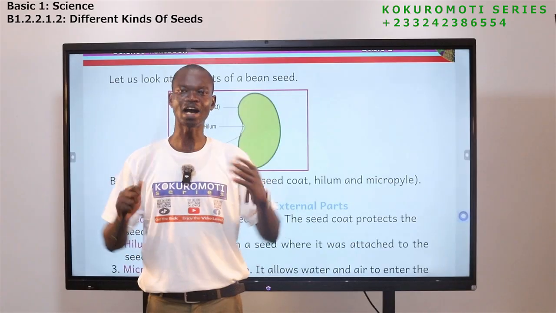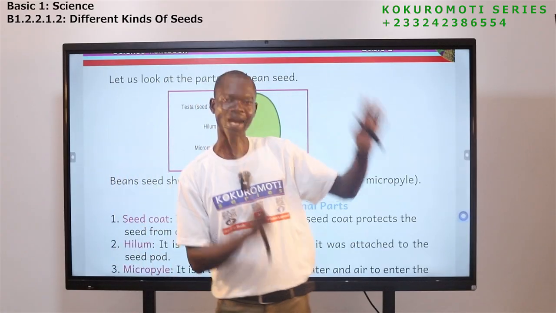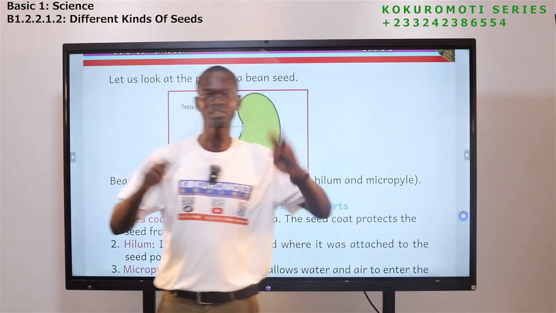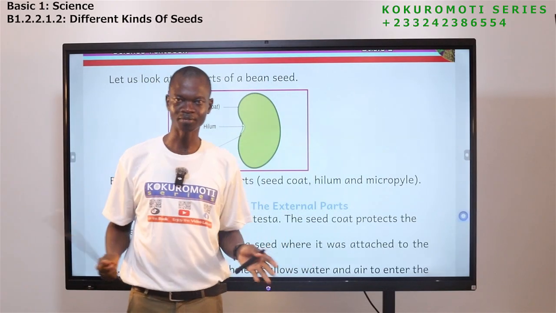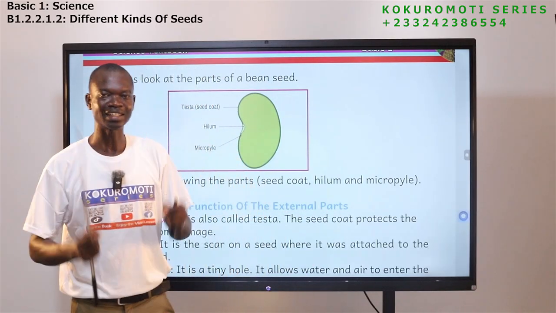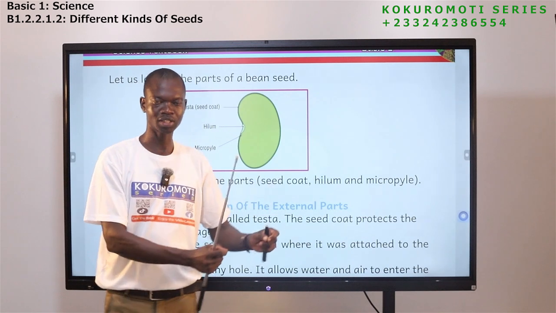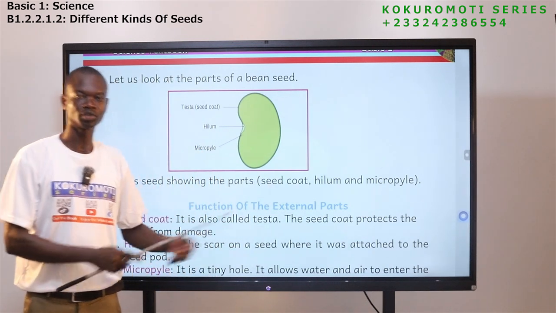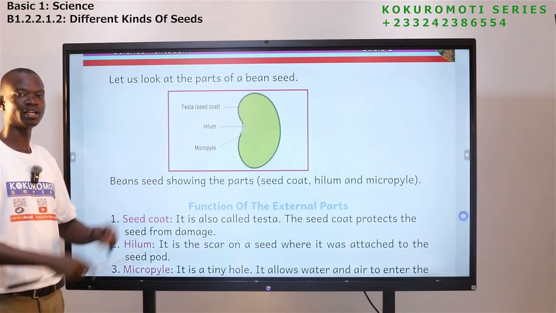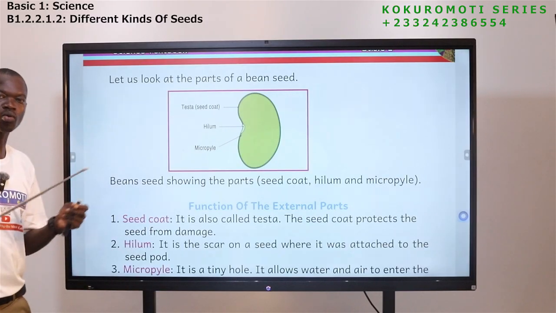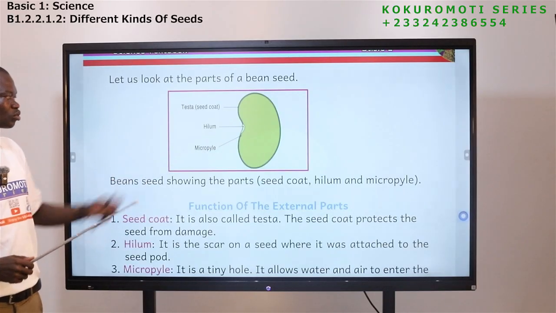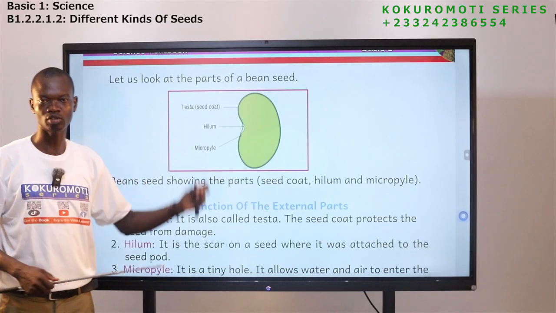The seeds have parts. We have the one that covers it, which is the seed coat or the tester. We have the part that was attached to the pod, which is the hilum. It looks like a scar. And then we have the tiny hole where air and water enter. That part is also called the micropyle.